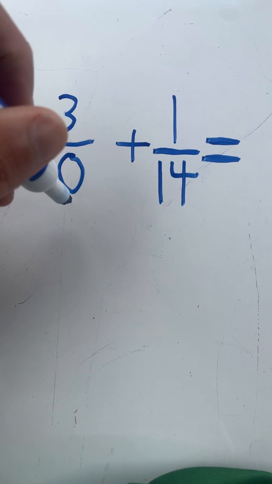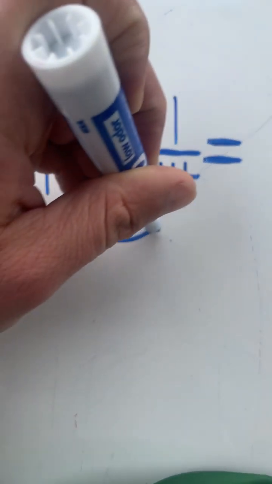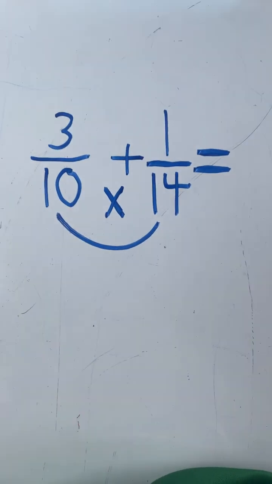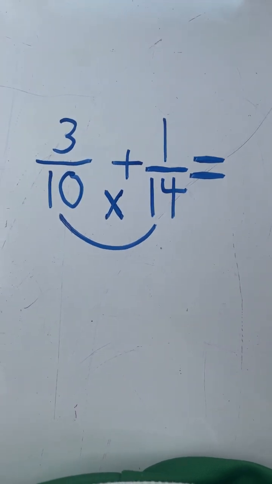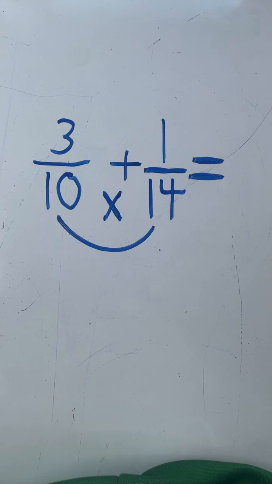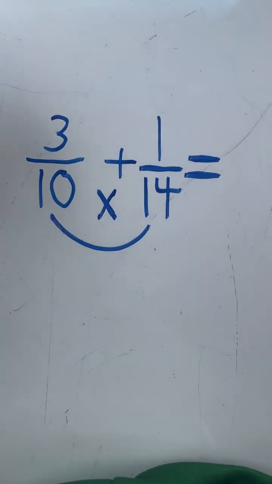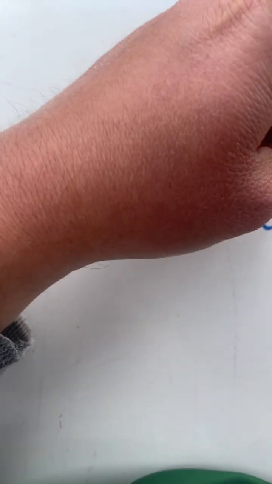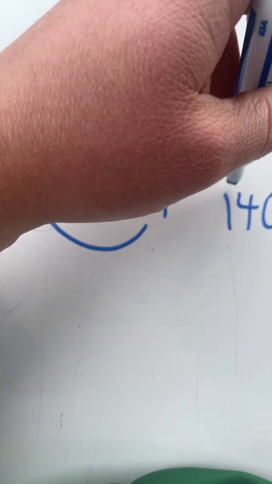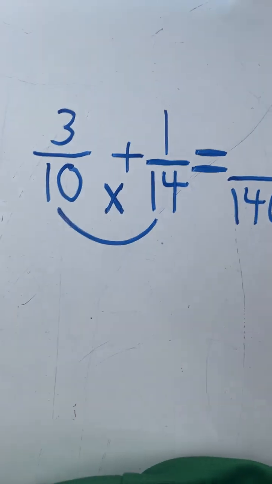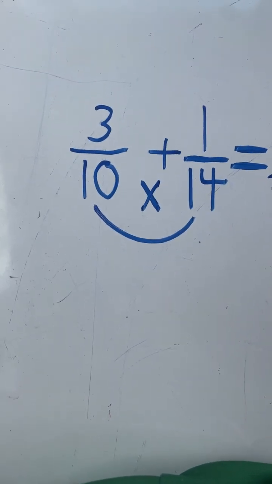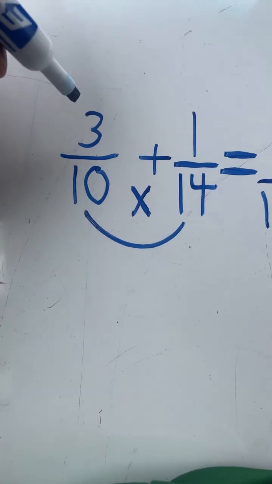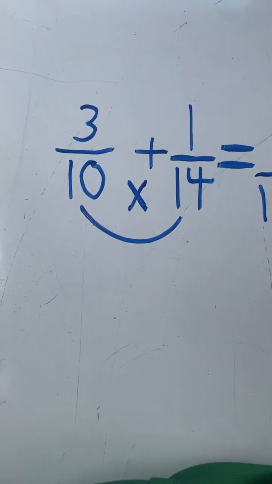So we are going to multiply 10 times 14. So 10 times 14 equals 140. So 140 is going to be our common denominator. Now to find out the numerators, we have to multiply each numerator by the opposite denominator.